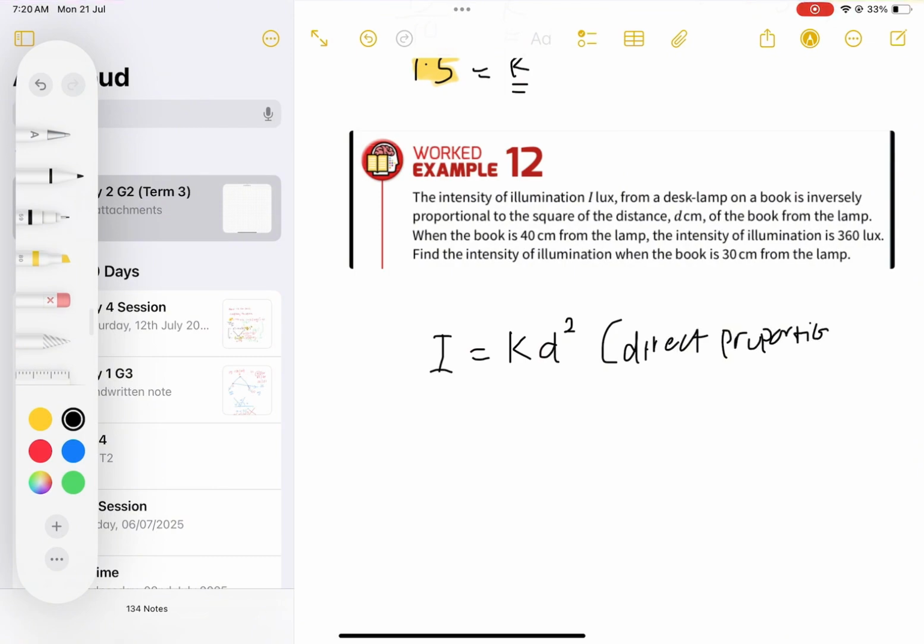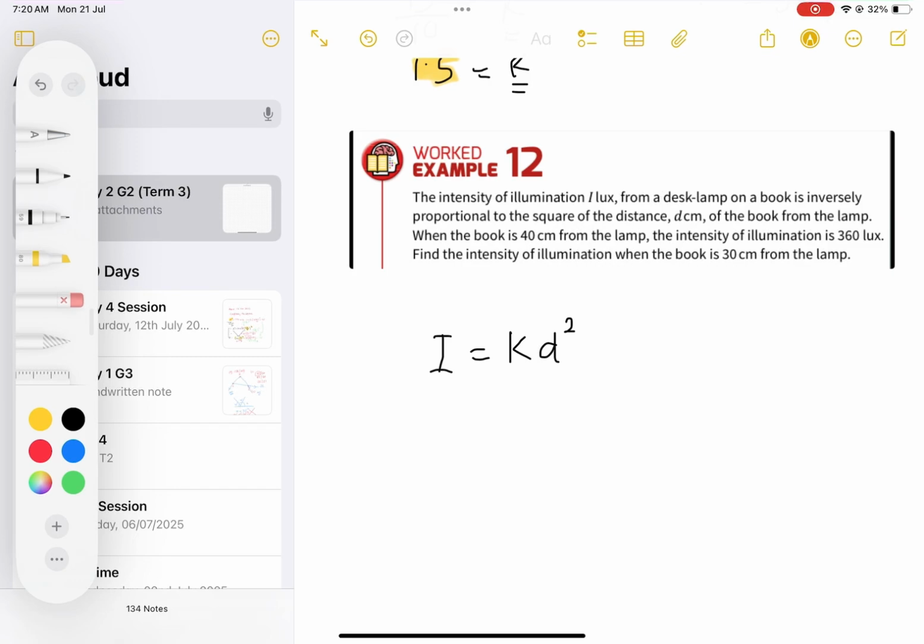Okay, but this is when it is direct proportion. This is just the revision from the previous one. This is when it's asking for direct proportion, but in this case it's actually asking for inverse proportion. So when it's inverse, it's the real opposite of direct proportion.